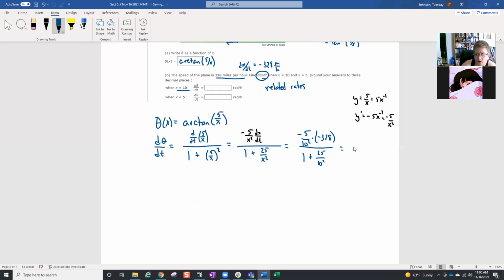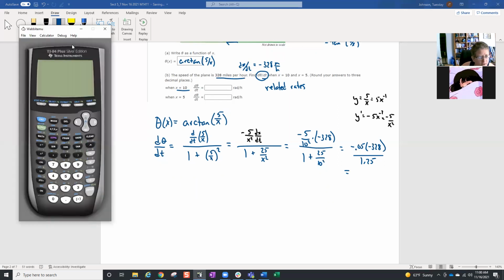Negative 5 over 100, that's a negative 0.05, right? Hundredths times negative 328. Make sure that decimal's there. 25 over 100 is a quarter. 1 plus a quarter is 5/4 or 1.25, because I'm pulling out a calculator for this.